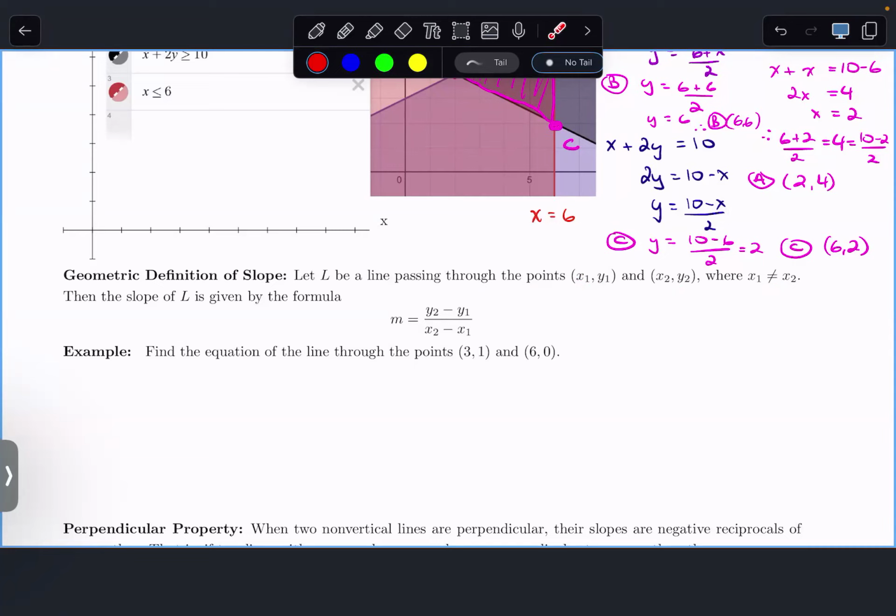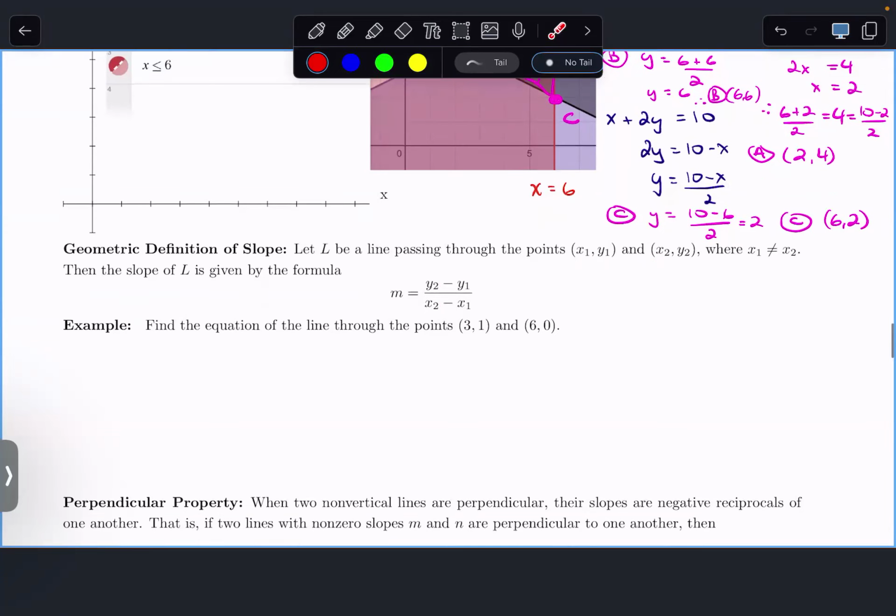The slope we can find by taking y2 minus y1 over x2 minus x1. It doesn't matter which point you assign to be x1, y1, x2, y2, but traditionally we go in order of the x's, from left to right, smallest to largest.